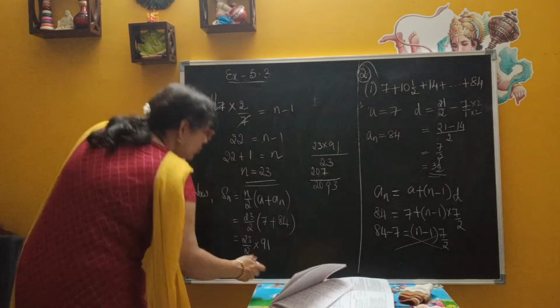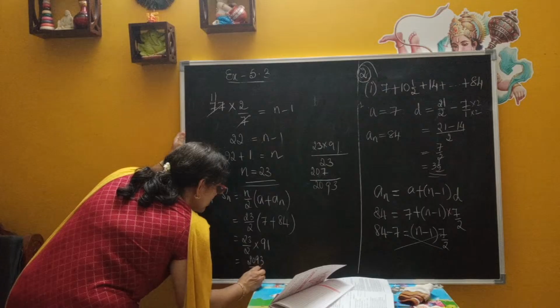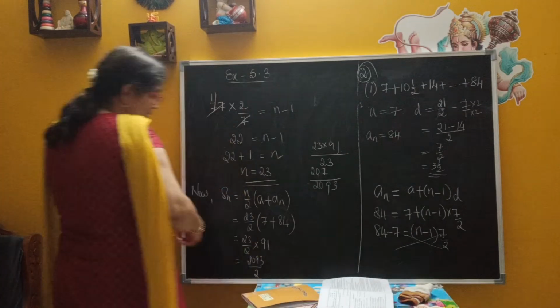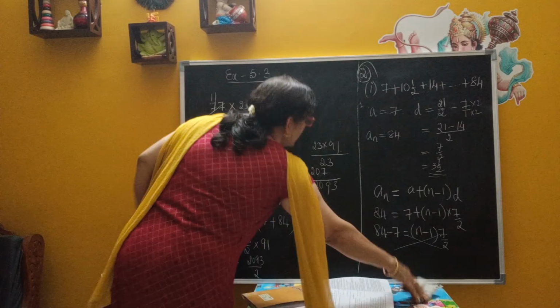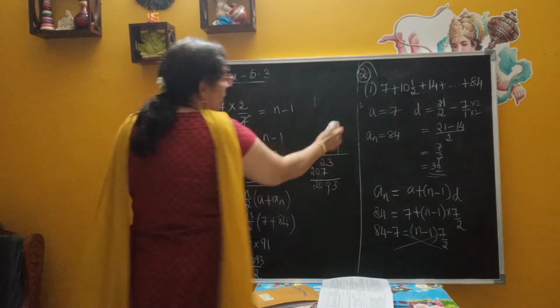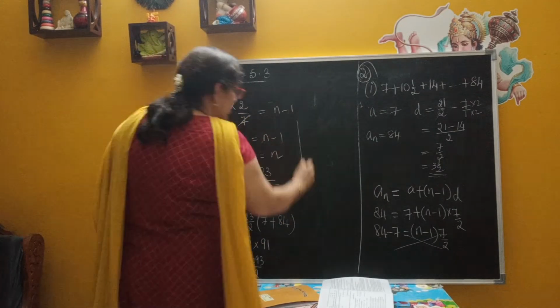So this is equal to 2093 by 2. What do we get? It will be in fraction form, isn't it? Because we have an odd number. When you have an odd number, it is not divisible by 2 and we get a fraction.